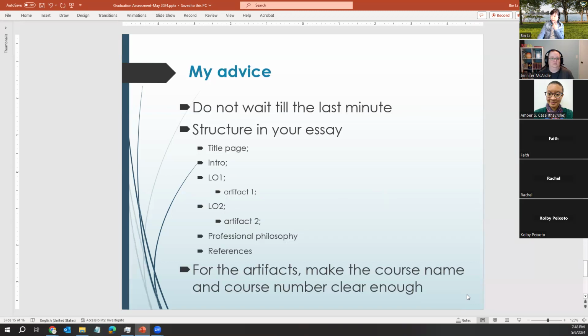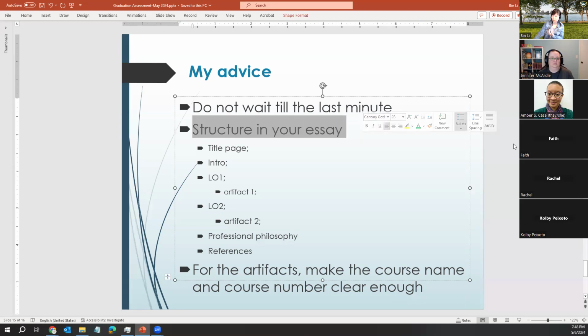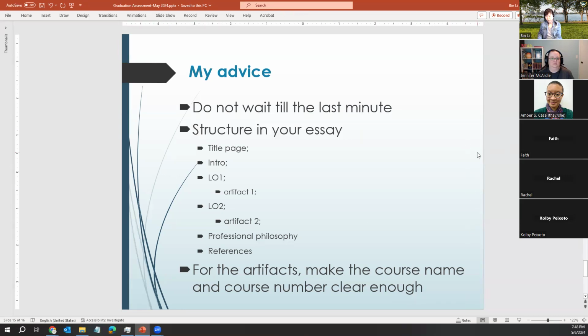So don't wait till the last minute. And I still think that this is very helpful from my many years of reviewing the portfolio, or when I chat with other faculty. Readability is one of the ways we communicate.